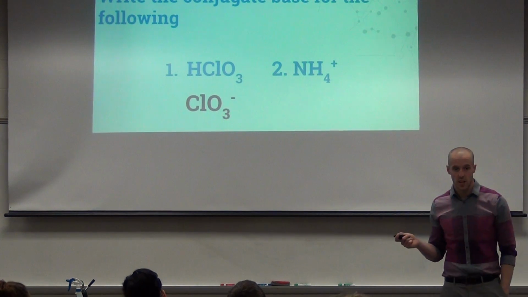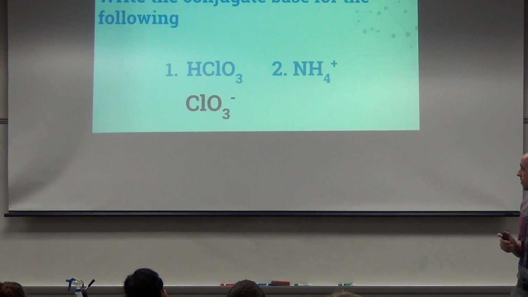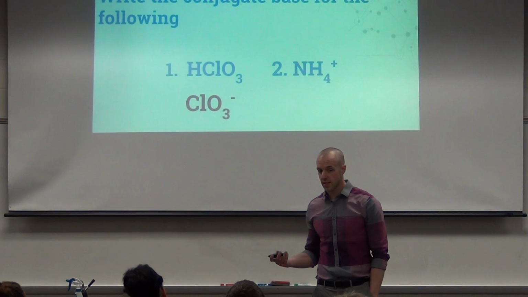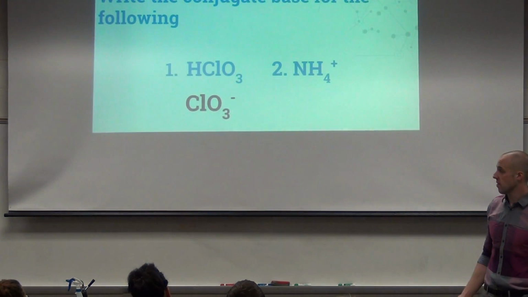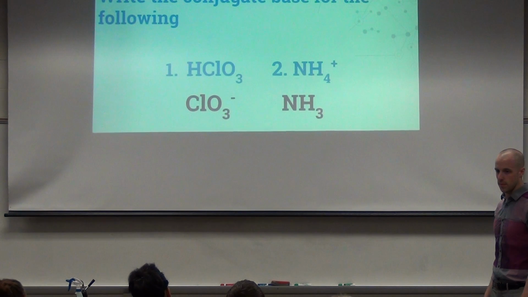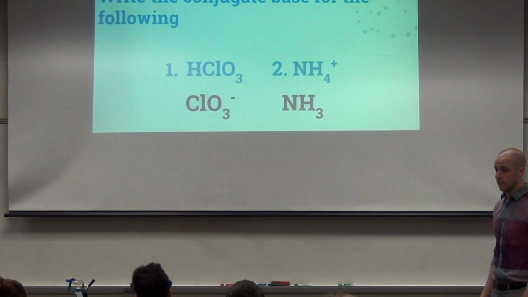So it becomes ClO3 minus. Okay, number 2 is NH4 plus. NH4 plus is an acid. It's going to donate hydrogen, so the conjugate base for that acid is going to be just NH3. It has 1 less hydrogen. Questions on that right now?